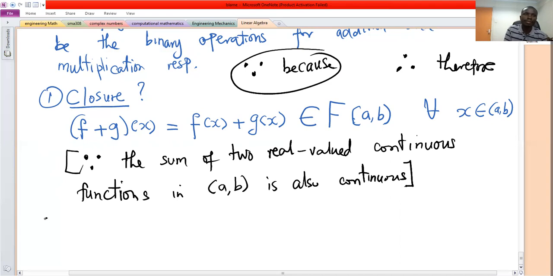So therefore, closure with respect to addition holds. So that's the first property.